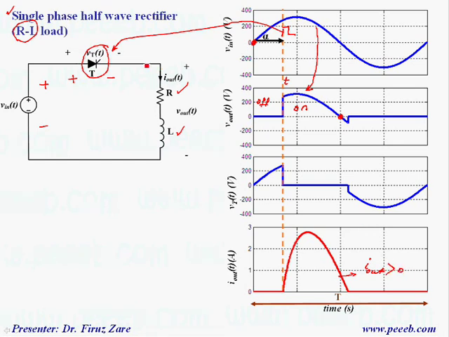So that's why the current through the thyristor is not 0, and that's why the thyristor conducts. But just at this point, because the current through the thyristor or output current is 0, the thyristor is turned off.